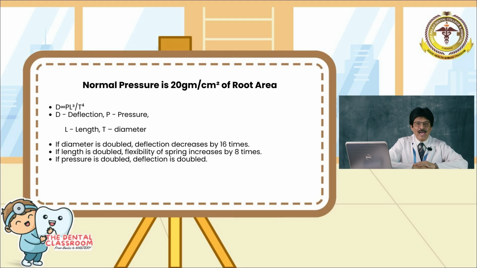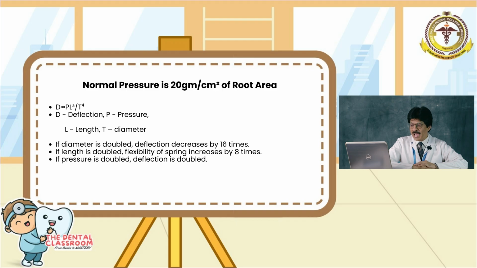Here we have a formula which goes as such: deflection is directly proportional to pressure times the cube of the length of the wire, and inversely proportional to the fourth power of the diameter. So if you take any wire and the diameter is doubled, then the deflection decreases by 16 times.